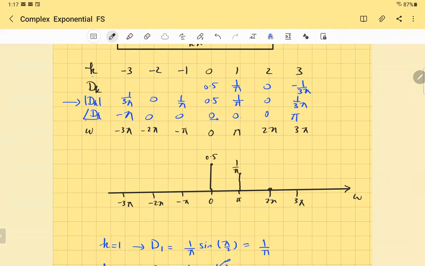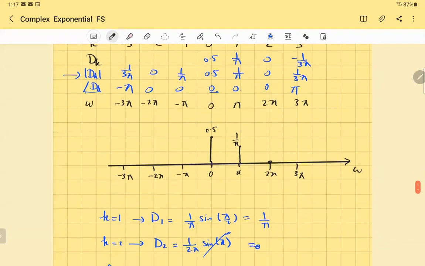At 3 pi it's equal to minus 1 over 3 pi. That would be really very small. 3 pi will be something like that, something very small. And then on the negative side, just the reflection, the same thing: 1 over pi, 1 over pi, 0, 0.